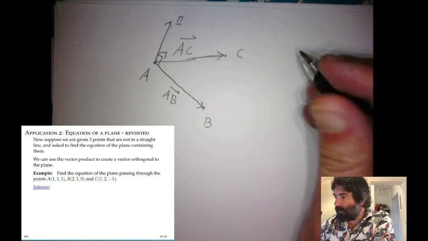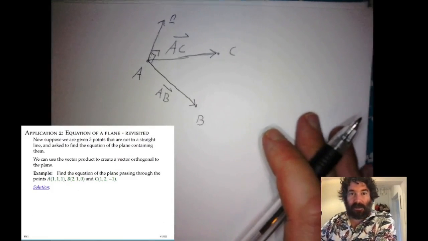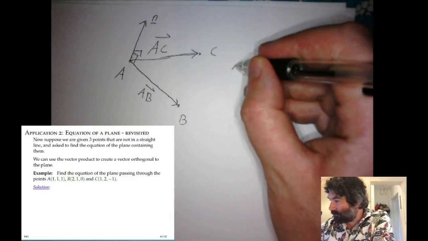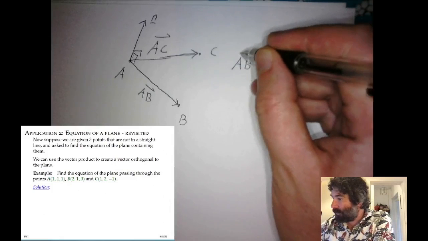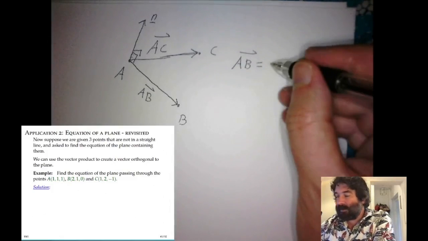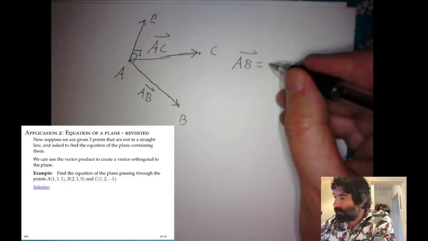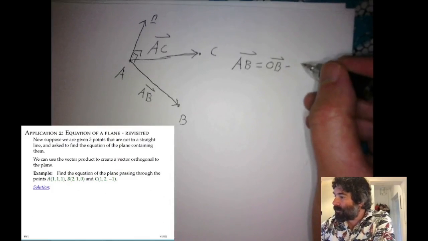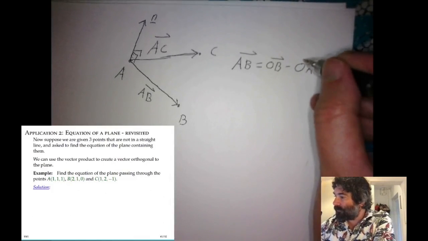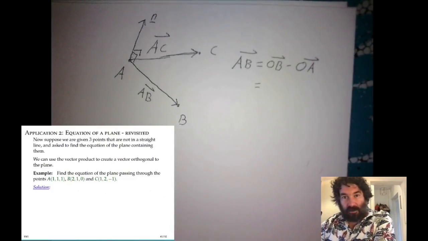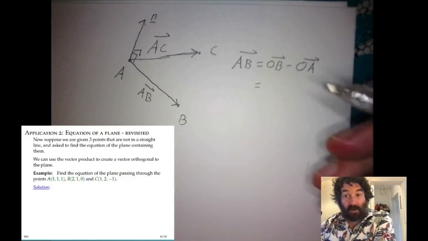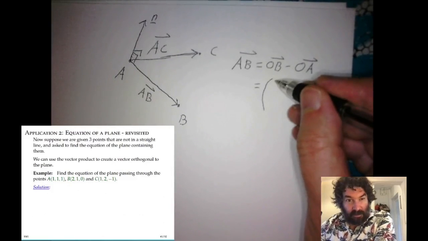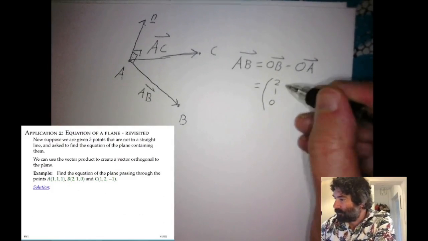This is the idea. So first, let's calculate the two vectors, the vector from A to B and the vector from A to C. And the vector from A to B is going to be equal to the position vector of B, the vector from the origin to the point B, minus the position vector of A. So the position vector of B is just the coordinates for B, 2, 1, 0.